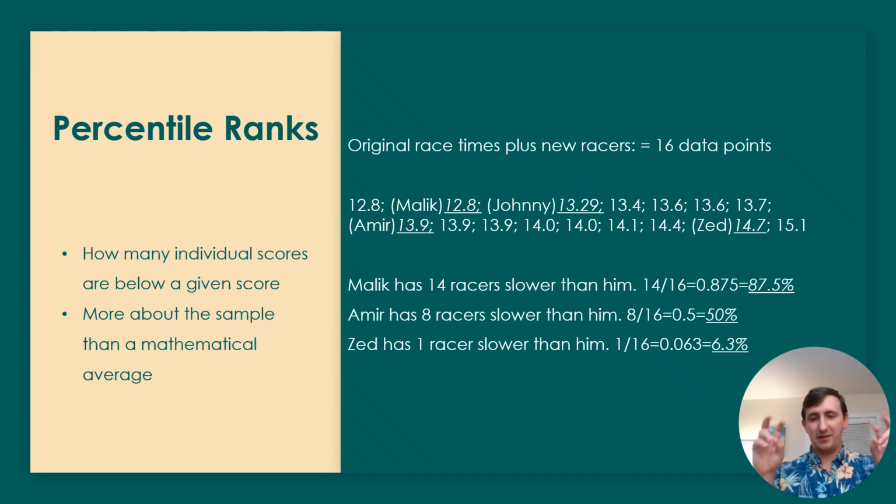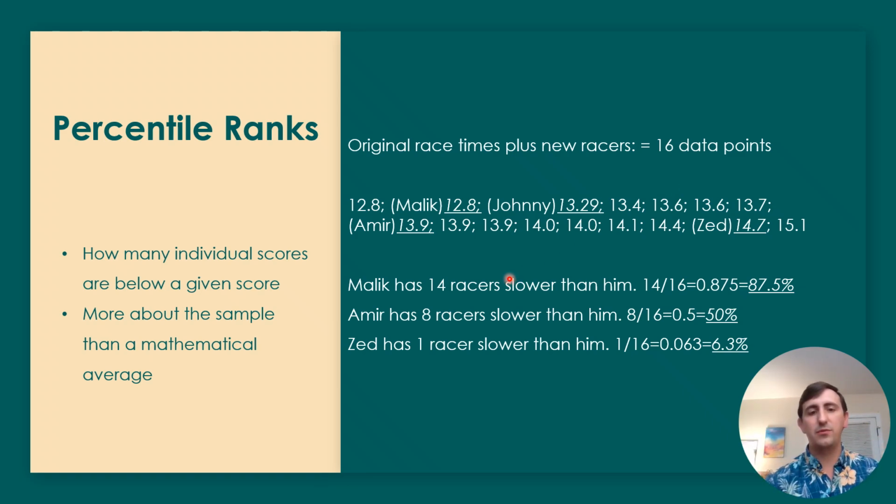So what does that mean? Well, if we keep with our fake illustration, our fake racers, our original race times plus the new racers equals 16 data points. We have 16 participants in our study. We have 16 numbers to compare to one another, right?